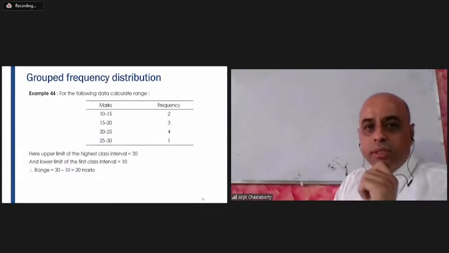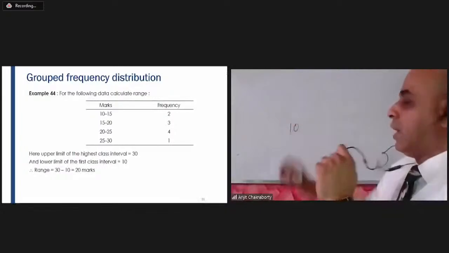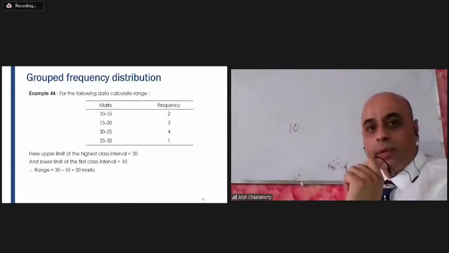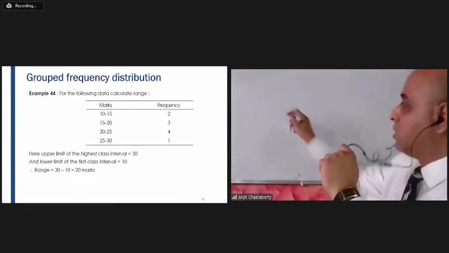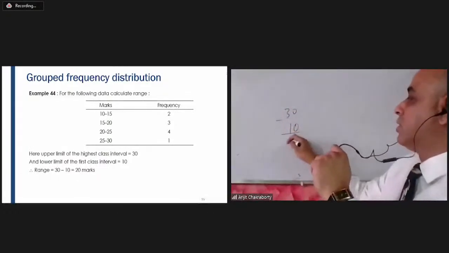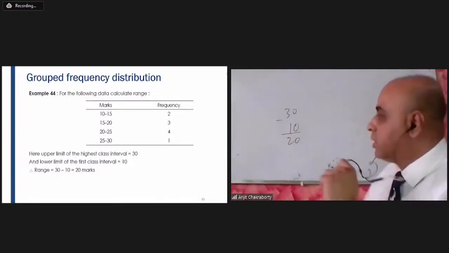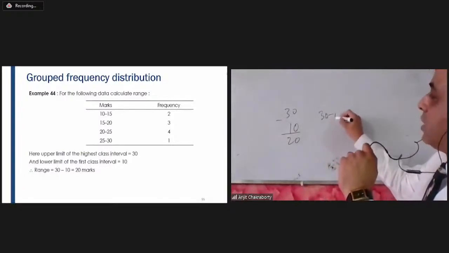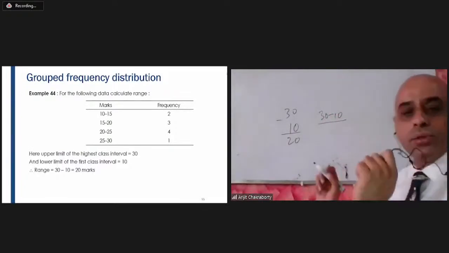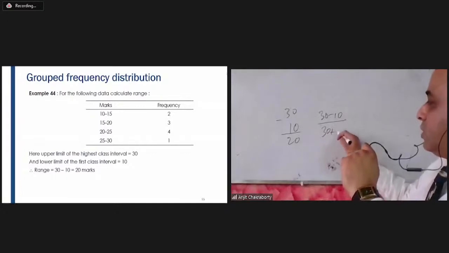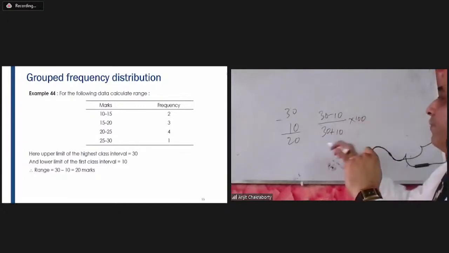10 to 15 means the lowest level is 10 and the highest class is 25 to 30 and the upper limit is 30. So therefore 30 minus 10, 20 is the range. 20 marks, the range is 20 marks. In other words, 30 minus 10 is the range. So the coefficient of range is given by 30 minus 10 divided by 30 plus 10 into 100.